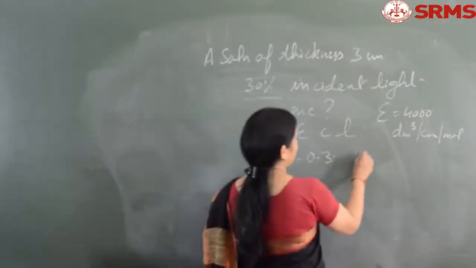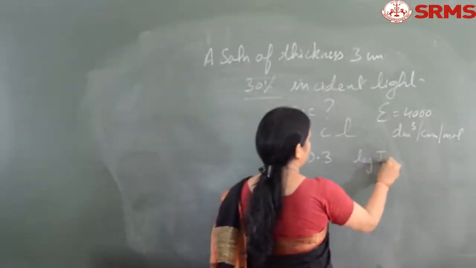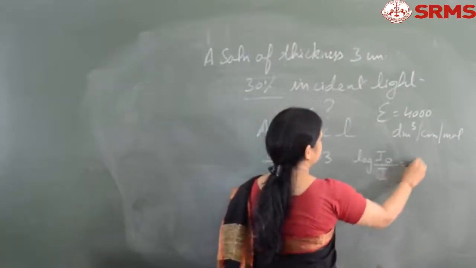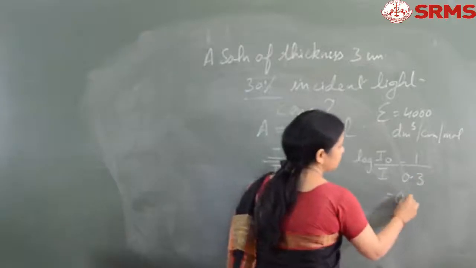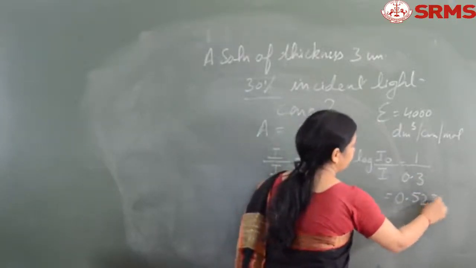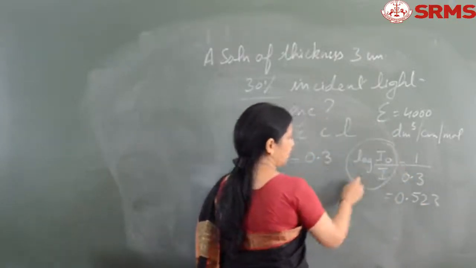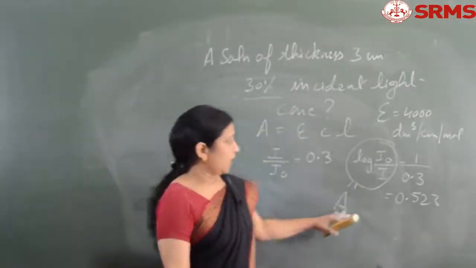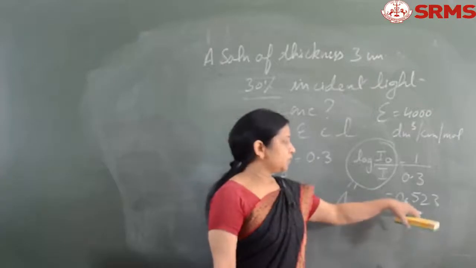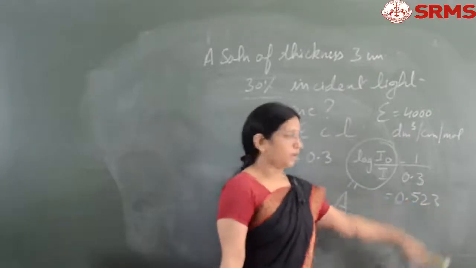So log I naught over I is equal to log of 1/0.3, and this comes out to be 0.523. This value is actually A, which is absorbance. So A, the absorbance, is equal to 0.523.